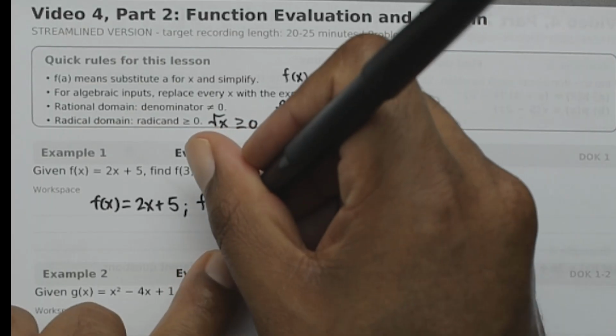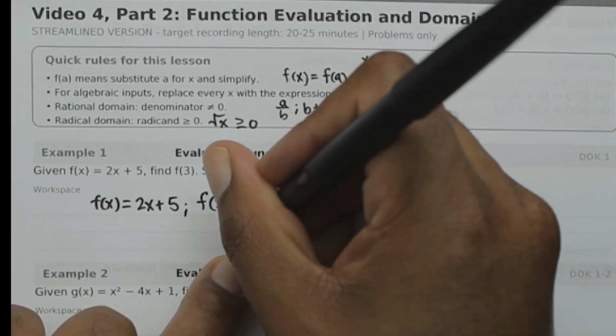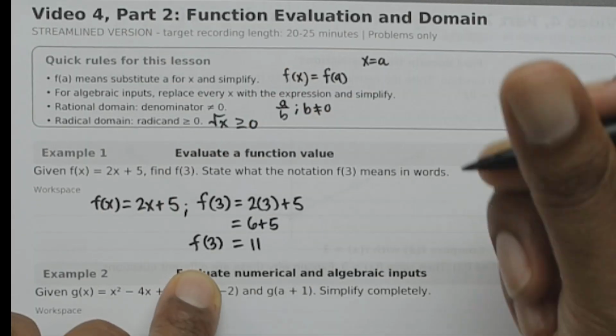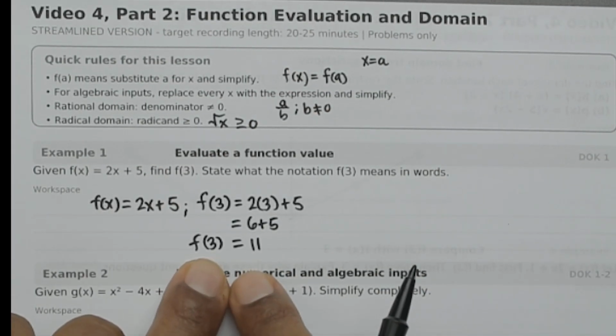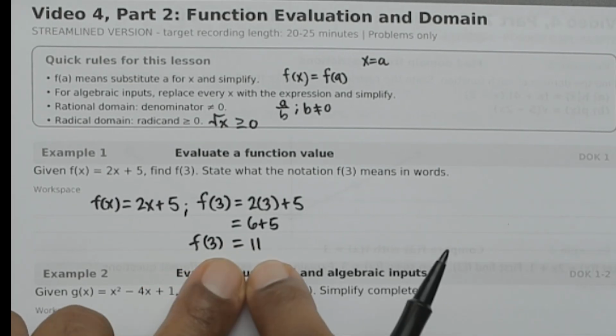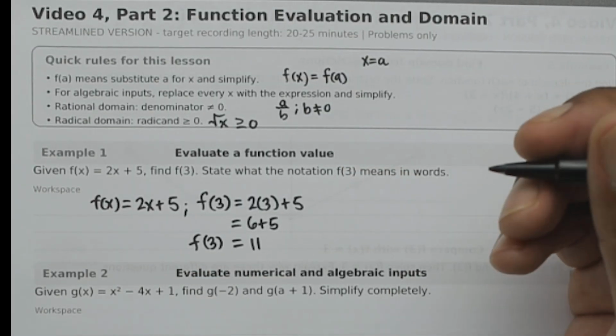From there, I'm going to compute. This will be 6 plus 5, and the final answer is 11. So when we replace the x with 3, the output is 11, or when the input is 3, the output is 11. Now, what does this mean in words?